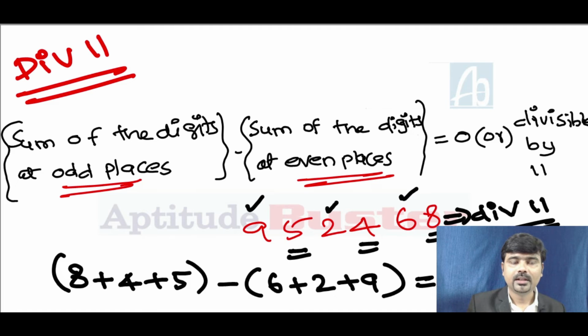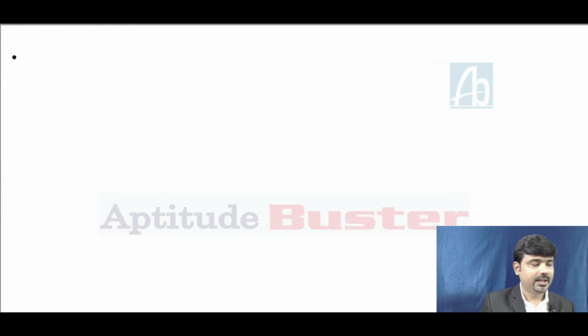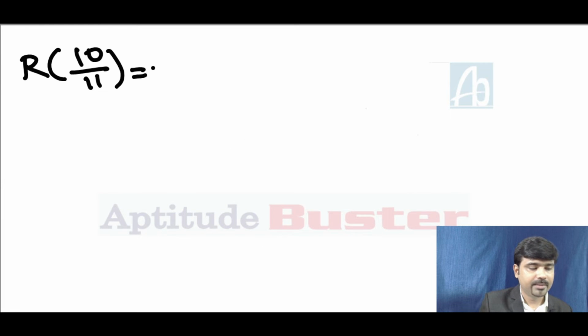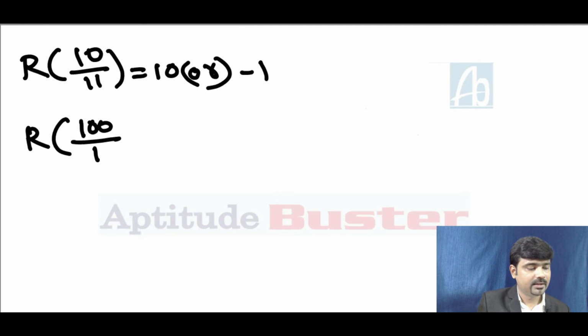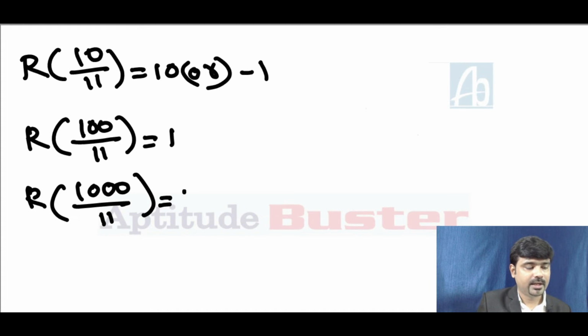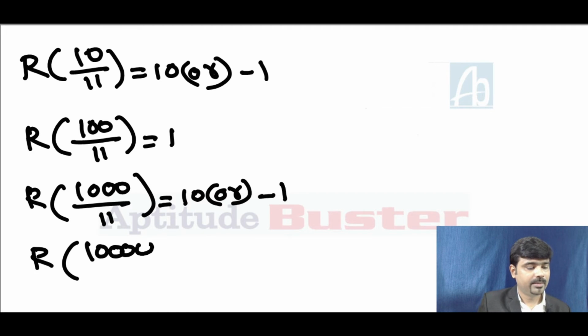Why here? There's a totally different logic behind 11 that I'll explain now. We take 10 divided by 11, the remainder is 10 or minus 1. Next, 100 divided by 11, the remainder is 1. 1000 divided by 11, the remainder is 10 or minus 1. 10,000 divided by 11, the remainder is 1.